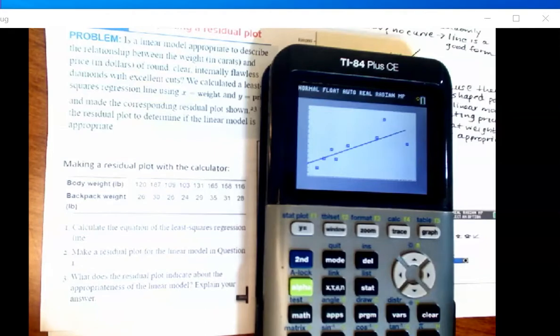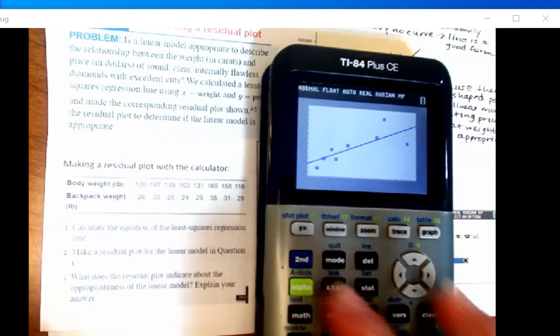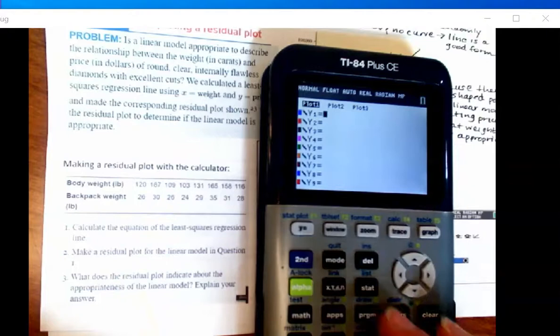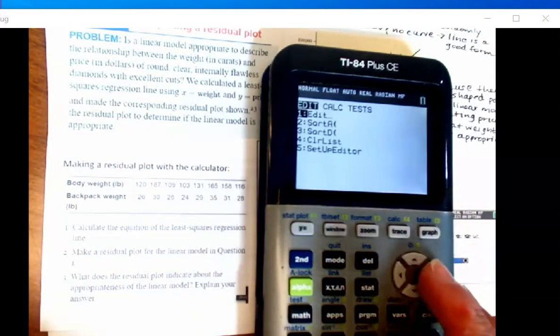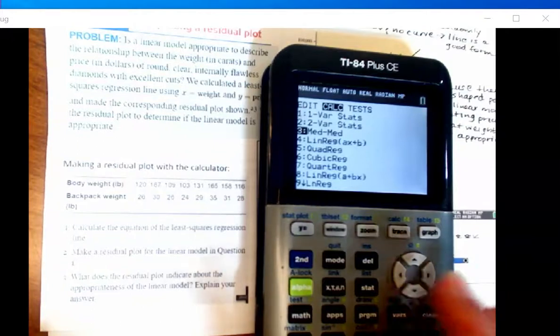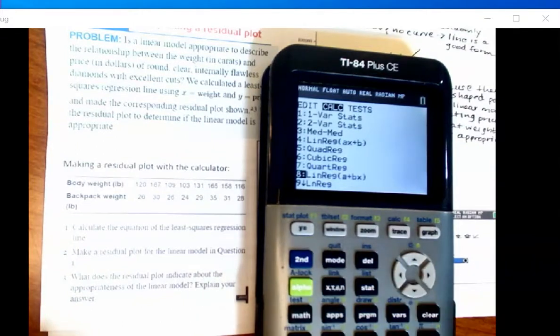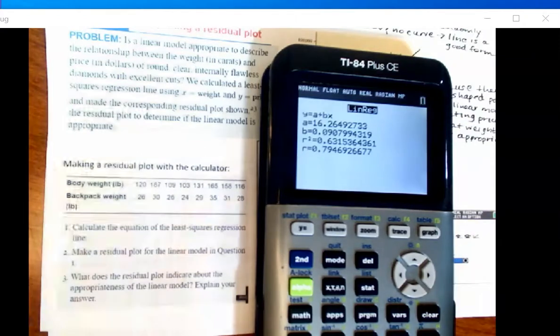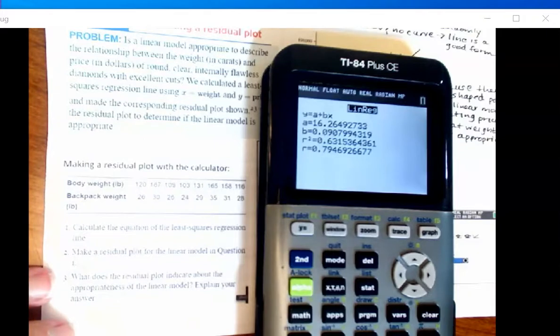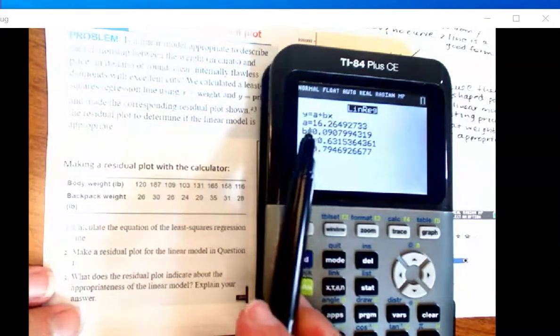I already found the line of best fit, so let's remind ourselves how we find that. To find the line of best fit, you're going to hit STAT, go over to CALC, and go down to number 8, and it is going to calculate that line of best fit for you. Number 1 says to calculate the equation of the linear regression line. So there's your y-intercept.